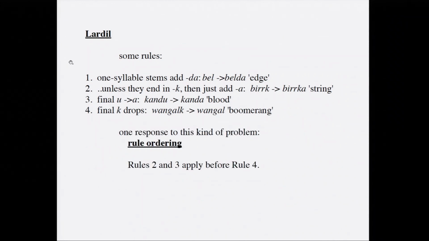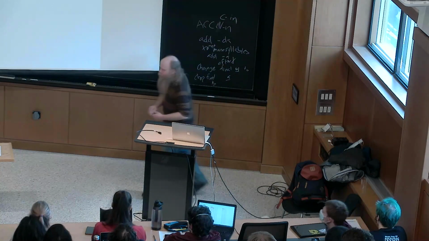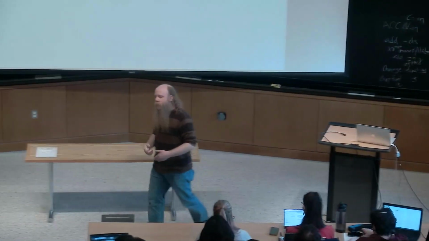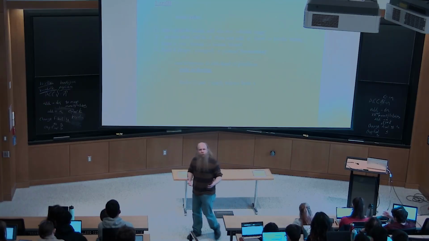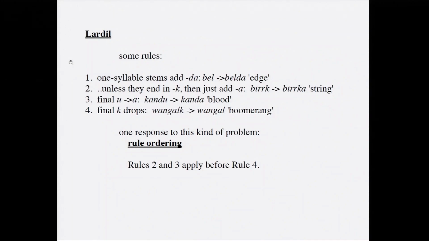And one kind of response to this kind of problem that people have classically given is to not only have rules, but to have the rules apply in an order. That is, to have what's called rule ordering. It's as though there's an assembly line between one of these committees and the other. So rule 2 and rule 3 happen before rule 4.